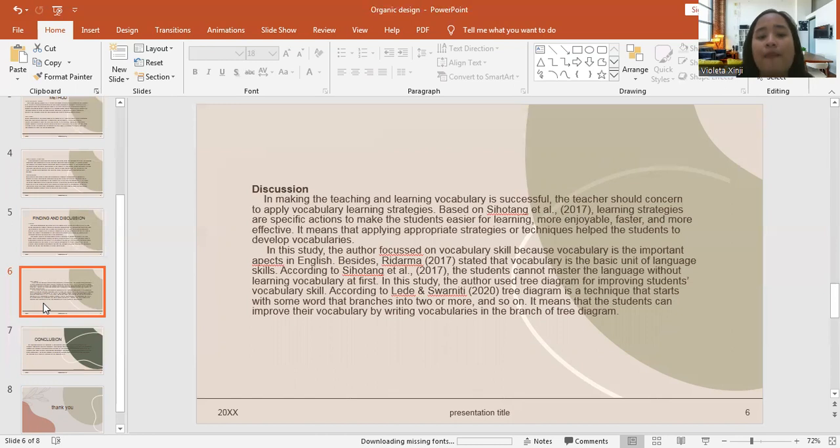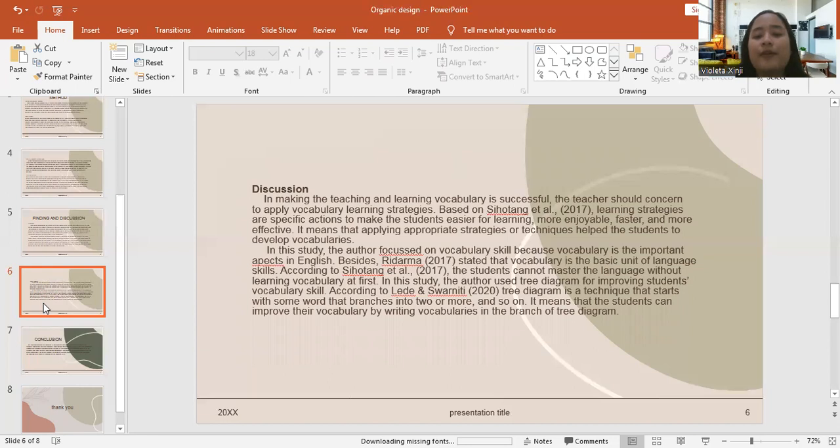It means that applying appropriate strategies or techniques will help the students to develop vocabularies. In this study, the author focused on the vocabulary skill because vocabulary is an important aspect in English. Besides, it is stated that vocabulary is the basic unit of language skill. According to experts, students cannot master the language without learning vocabulary at first.